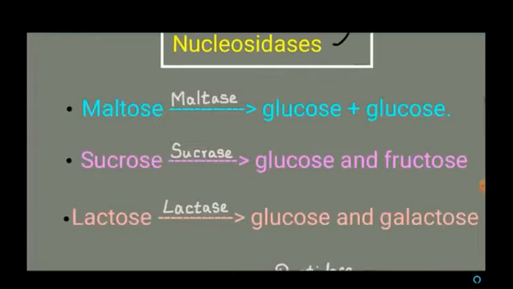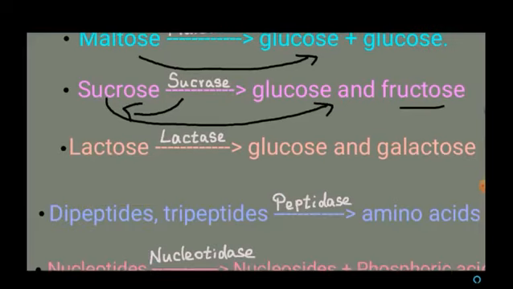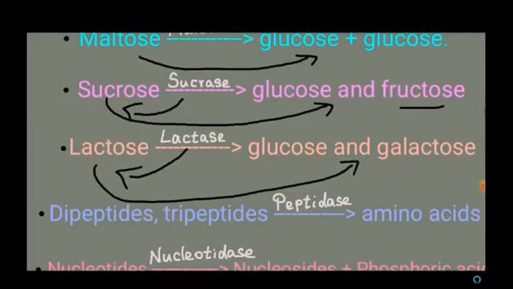So let us see the activities of these enzymes. Maltase is the enzyme that acts upon maltose and hydrolyzes the maltose into 2 molecules of glucose. And sucrase, that is invertase, hydrolyzes sucrose into 1 molecule of glucose and 1 molecule of fructose. And lactase is the enzyme which acts upon lactose and converts the lactose into a molecule of glucose and galactose.